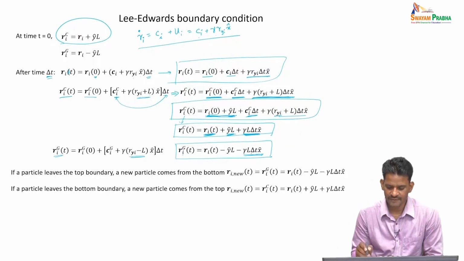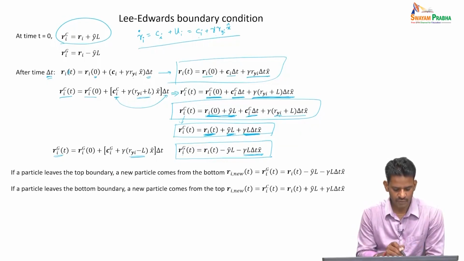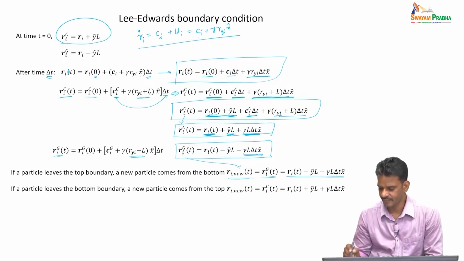Why we have all this information is because if a particle leaves from the top boundary, a new particle comes from the bottom. So now we know that for the bottom layer the position would be R_i^G, and so the new particle position in the central simulation box after applying the periodic boundary condition should be given by R_i^G, which is something we have derived here.